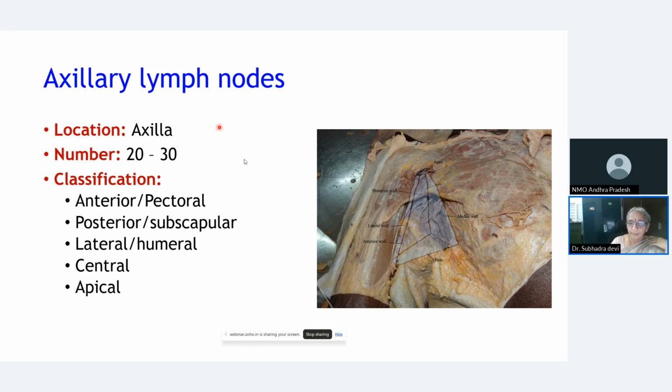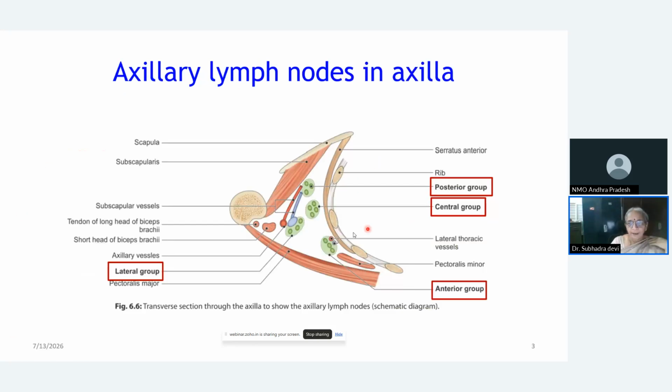In total there will be around 20 to 30 nodes, and they can be mapped in a cut section. If you have a diagram like this, it is useful for both the axilla and its contents, especially the nodes. I'm not showing the other contents, but focusing only on the lymph nodes in relation with the anterior wall: the anterior group, the posterior group, the central group, and the lateral group, because all these three will drain ultimately into the central group, which will drain into the apical group.